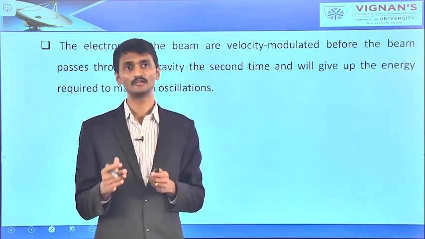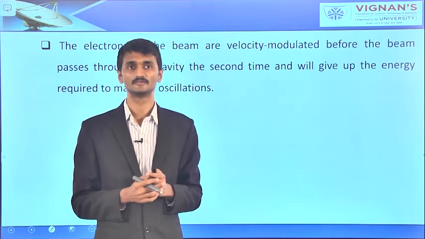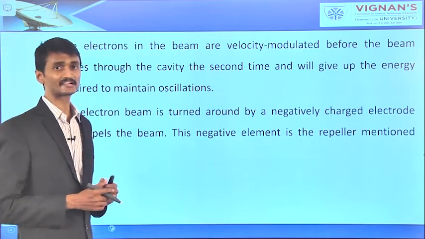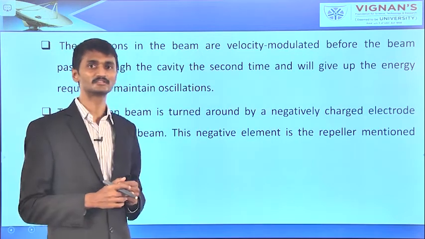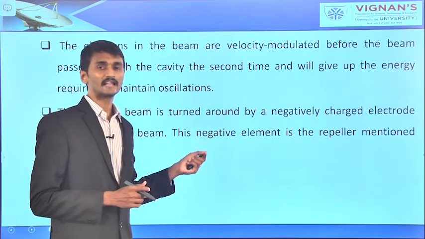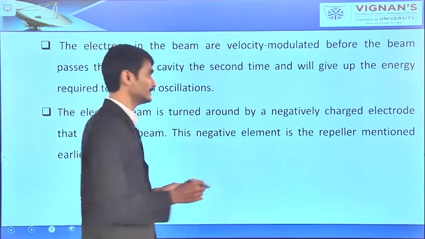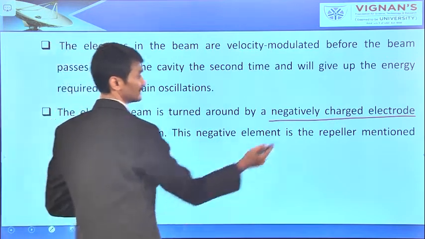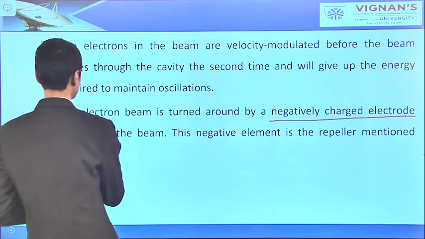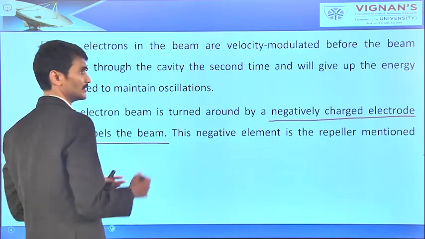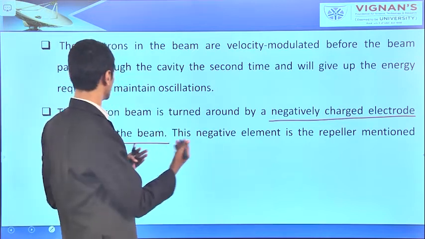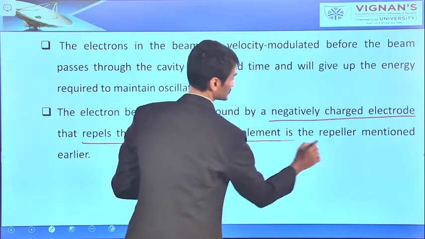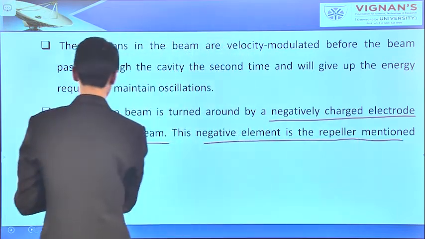The electron beam is turned around by a negatively charged electrode, that is the repeller, a negatively charged electrode that repels the beam. Because of the repeller, the electron beam will be reflected. This negative element is the repeller mentioned earlier.